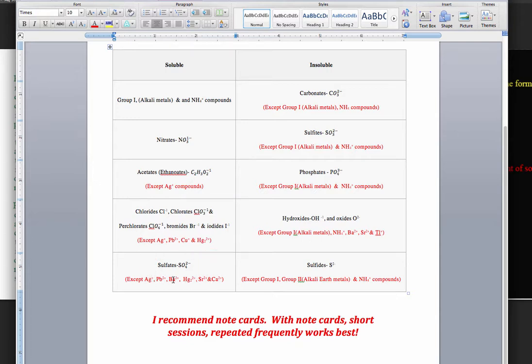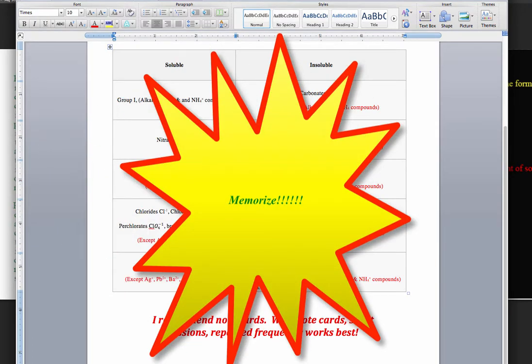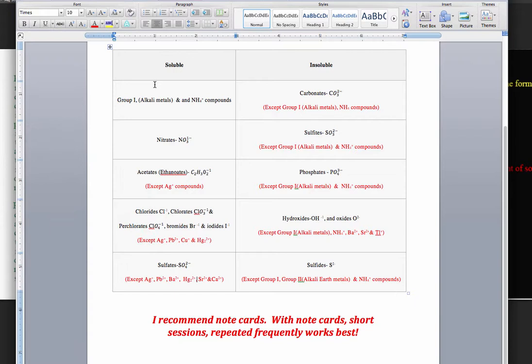Can anyone please hug Bob Smith? All right. If you have a 1A or 2A with a sulfite, it's insoluble. Okay. Just do note cards.